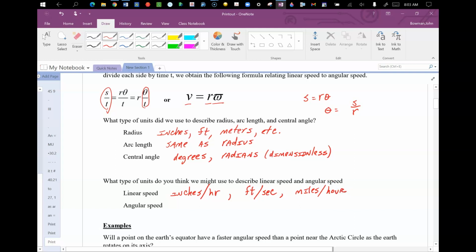Angular speed, on the other hand, would be things like degrees per second, or radians per hour, or RPM, which is equal to rotations per minute. That's a common unit.